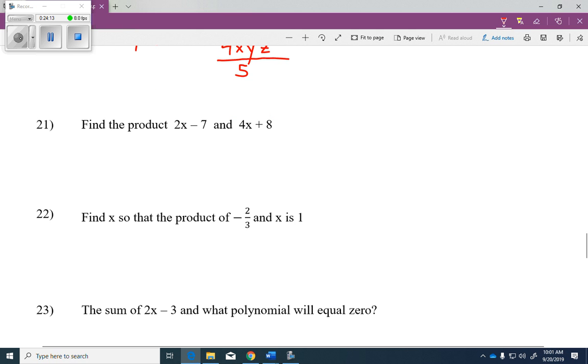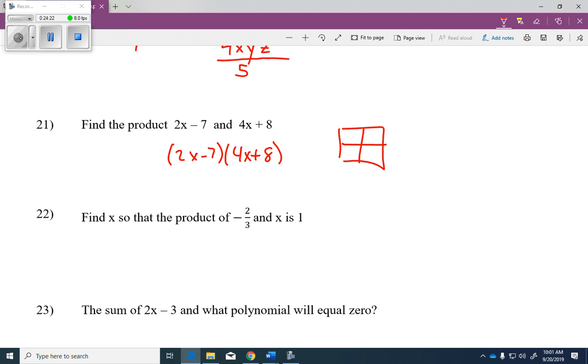Product means to multiply. It's a binomial times a binomial. Whenever you multiply, you could always use the box method. If you like just distributing, you're allowed to do that also. But I'm going to fill in this box.